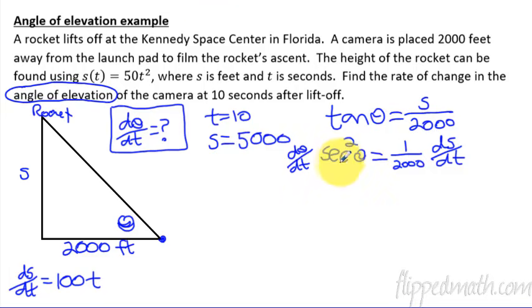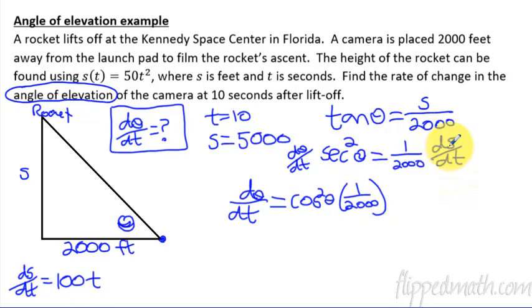So let's clean this up a little bit. Remember that secant squared is the same thing as 1 over cosine squared. So if I multiply both sides by cosine squared, then I'm going to get d theta dt is equal to, this is great news, we've got it by itself, cosine squared theta times 1 over 2000.